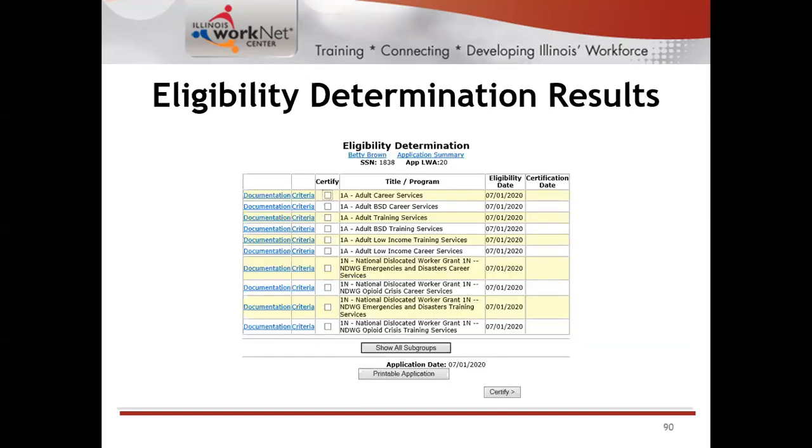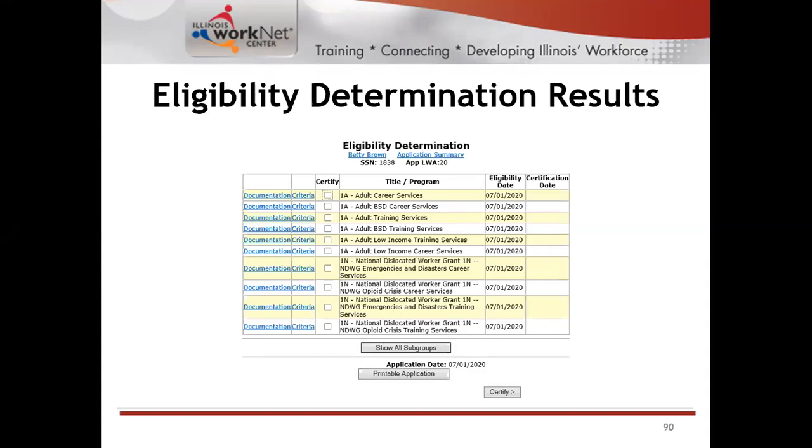For this mock client, as I mentioned, she shows up as career services for adult, BSD career, BSD training, low income career and training, and then the dislocated worker due to emergencies and disasters. She also met the opioid criteria.